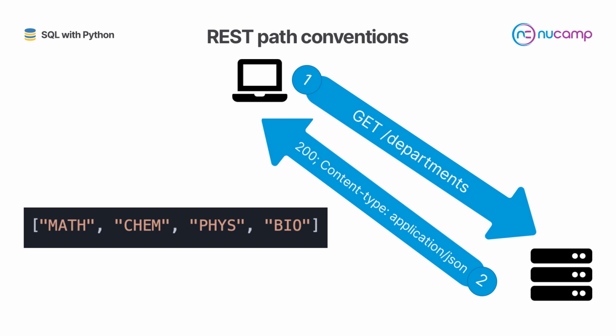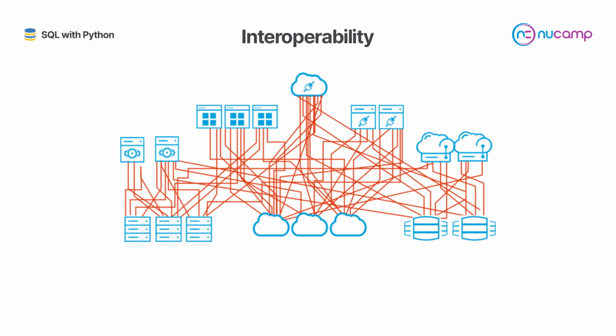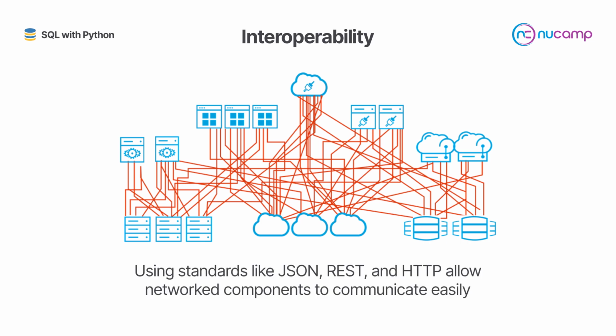There are similar path conventions for working with other request methods like post or patch, but those will be covered in a future lesson. In the meantime, consider what it means for clients and servers to agree on a set of conventions. Using standards like JSON, REST, and HTTP allows distinct components in a network to speak the same language, as it were, without the need for a layer to perform translations between different formats.